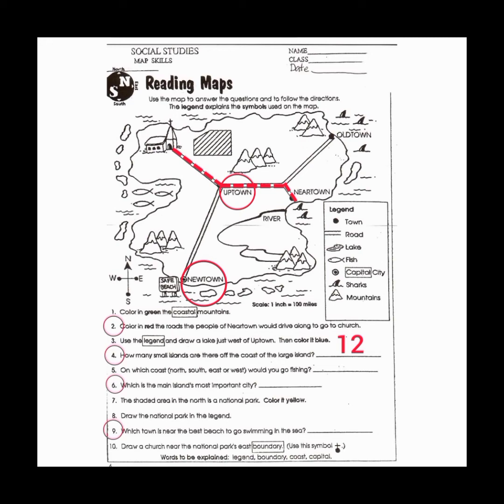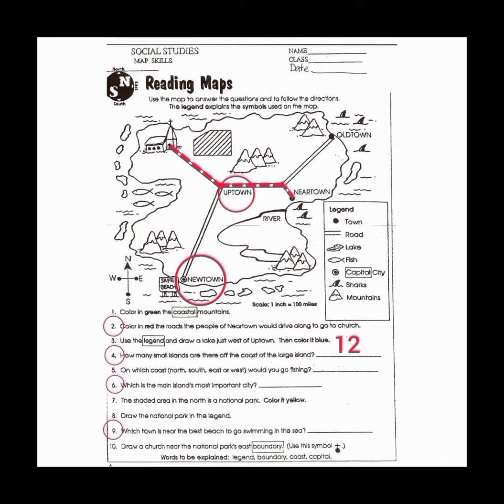Now I have no idea what these towns have inside of them. I'm sorry, but the two towns we're looking at here are Newtown and Uptown, since Uptown seems to be right in the middle, and Newtown is the capital. I don't know which one has more industry or more agriculture.